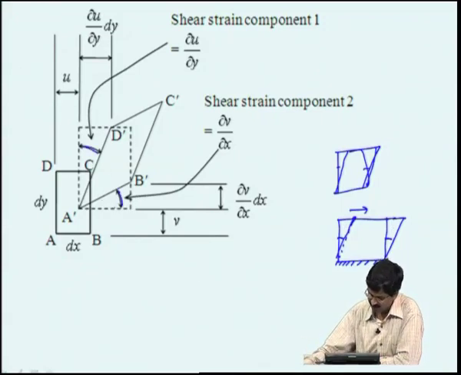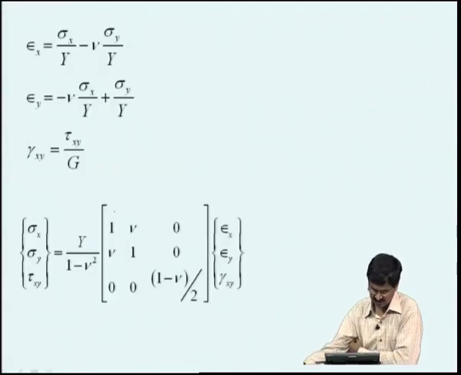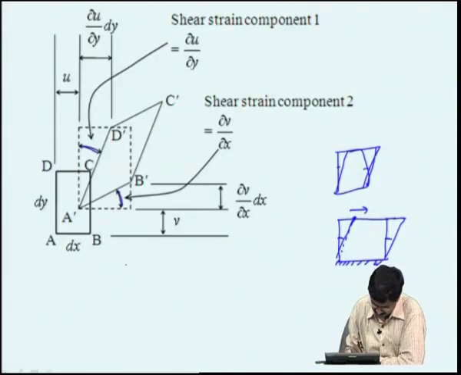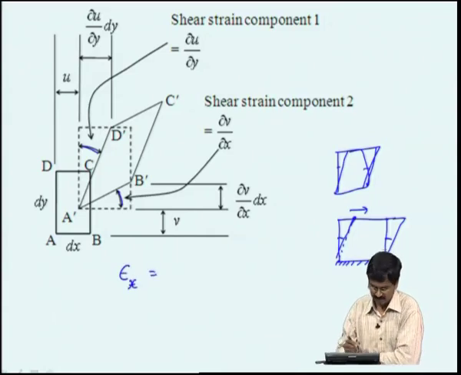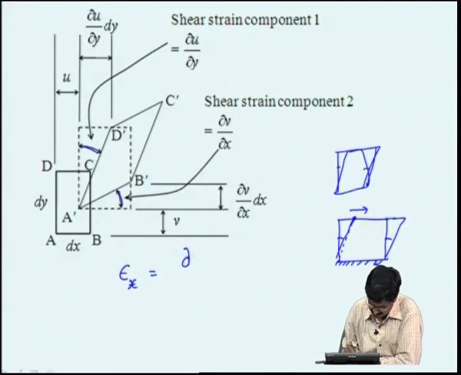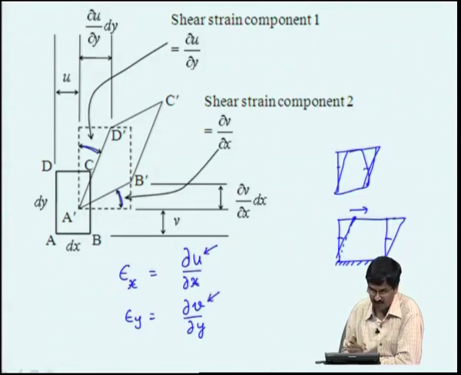Now, we have divided into this portion and this portion. So, we can actually write the definitions of these strains here. So, epsilon x, that is a normal strain in the x axis, is given by dou u by dou x, and normal strain in the y axis is dou v by dou y. u is the displacement in the x axis, v the displacement in the y axis.